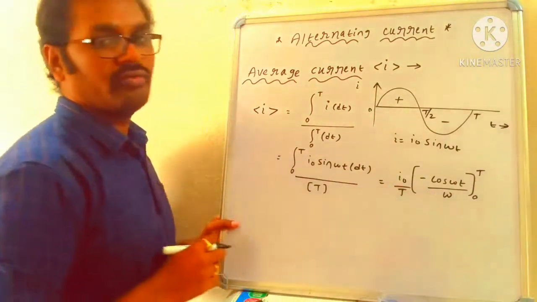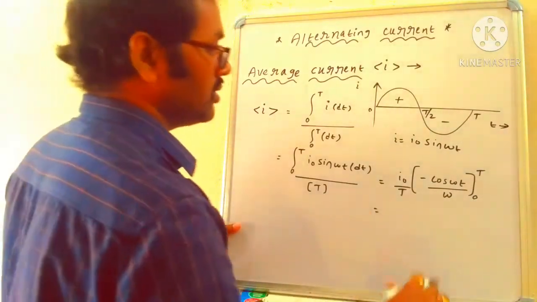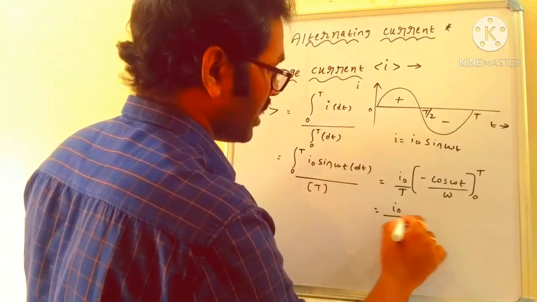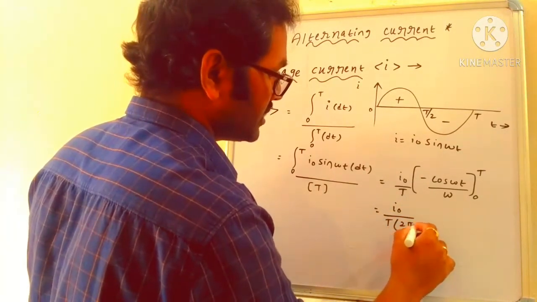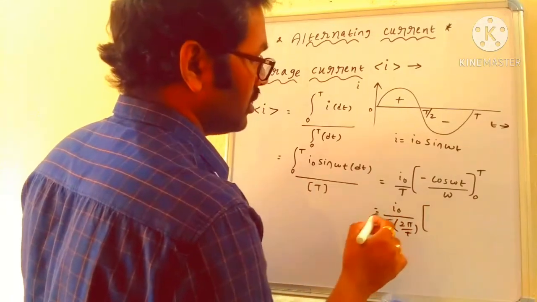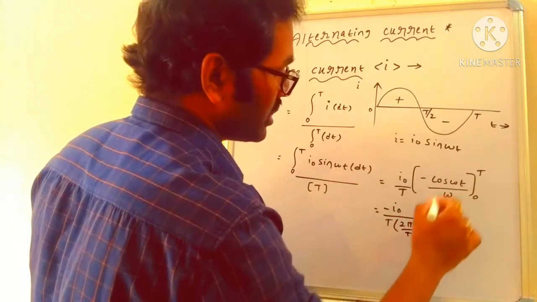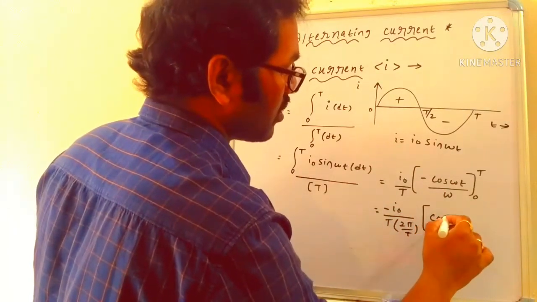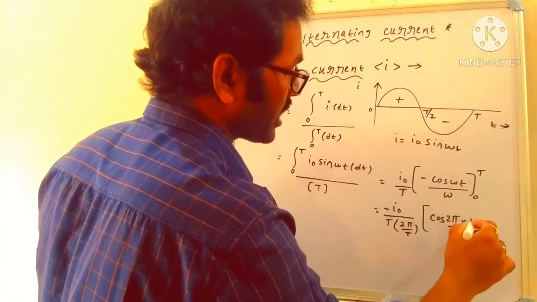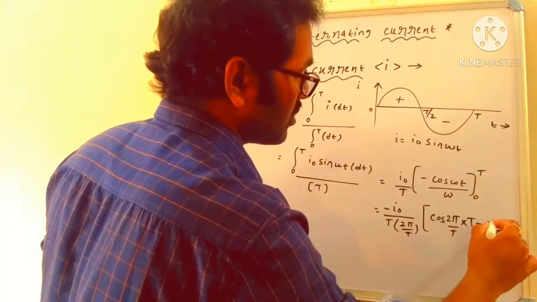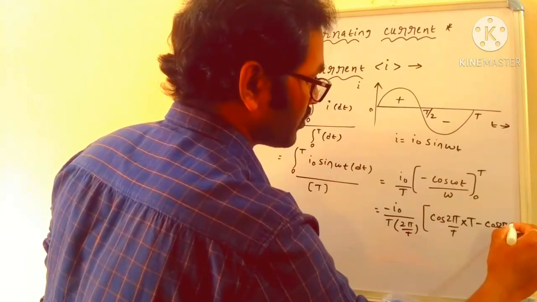And omega we can write as 2 pi by T. So that is I naught by T into omega, which is 2 pi by capital T. Taking the negative outside and substituting the limits: cos of 2 pi by capital T into small t, which is capital T, minus cos of 2 pi by capital T into 0.